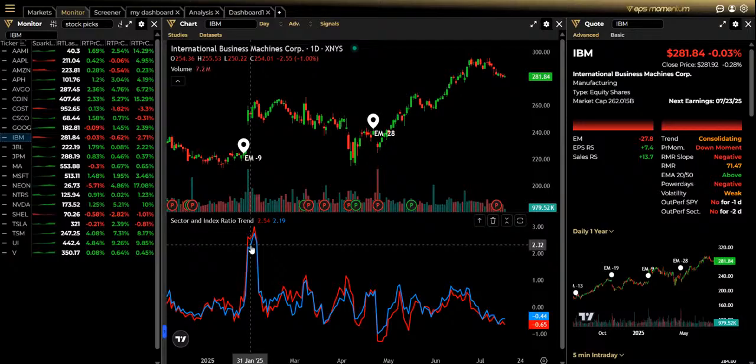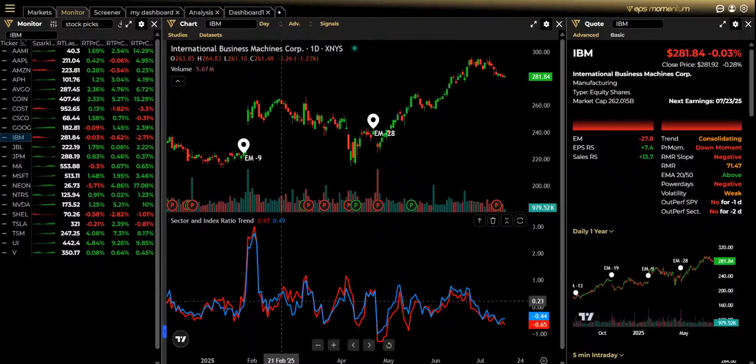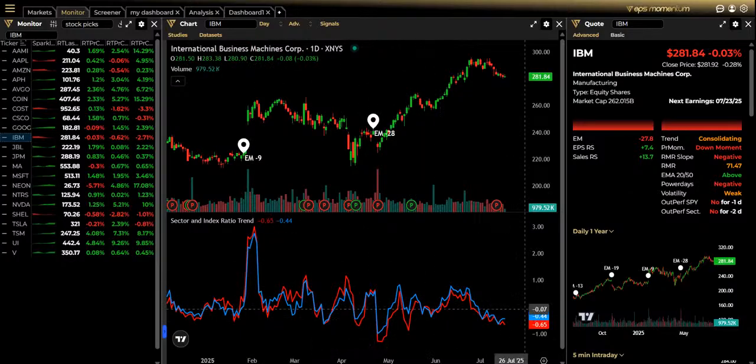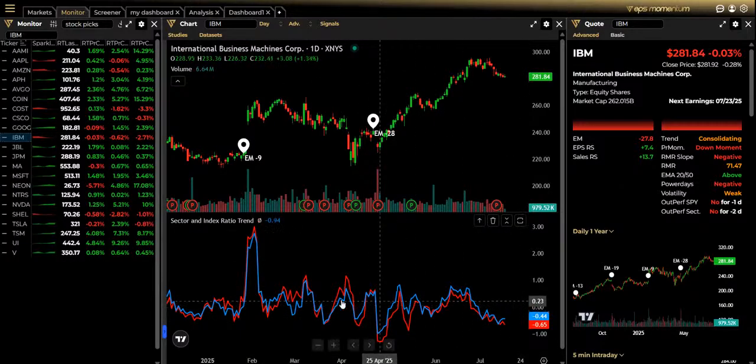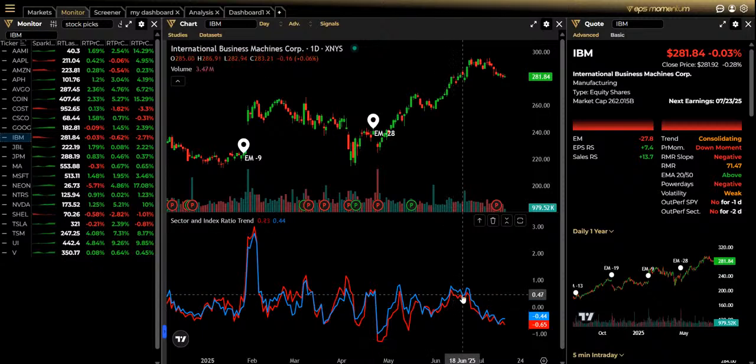It basically tells you if the stock is outperforming the sector or the index or both. You have that zero line here, an invisible line really, where it outperforms and then underperforms. You see how it drops in that region, so it's underperforming, and then it outperforms again during this bull run, and then underperforms lately.